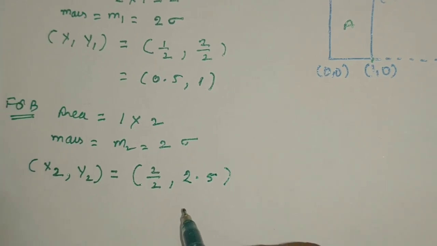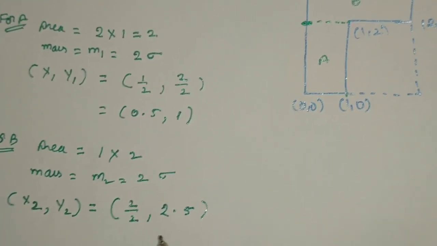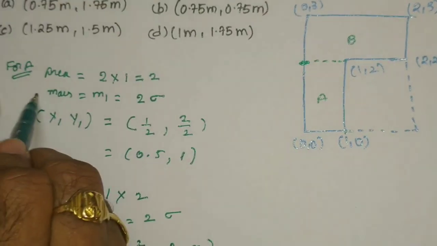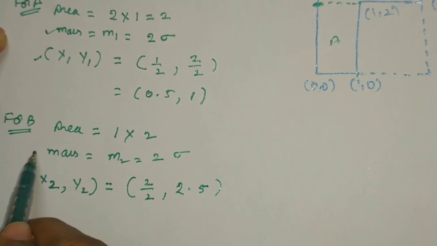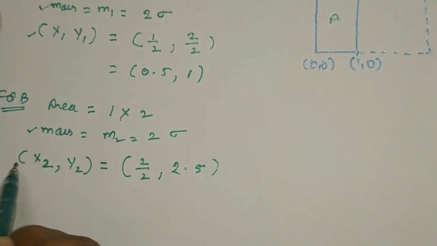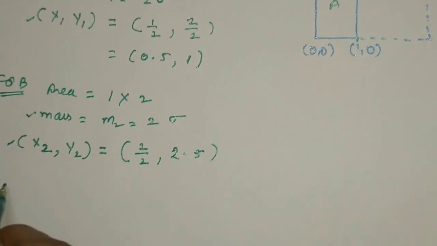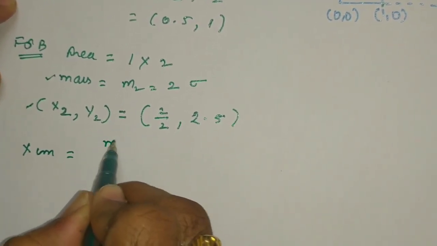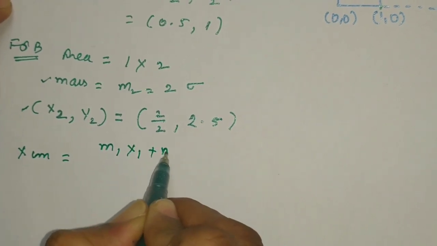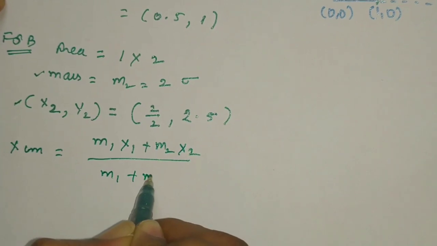Now, this entire given L-shaped lamina is converted into two masses: m1 is 2 sigma having coordinates x1, y1. Similarly, another particle m2 is 2 sigma having coordinates x2, y2. Then the x coordinate of the center of mass of the entire lamina is m1 x1 plus m2 x2 by m1 plus m2.